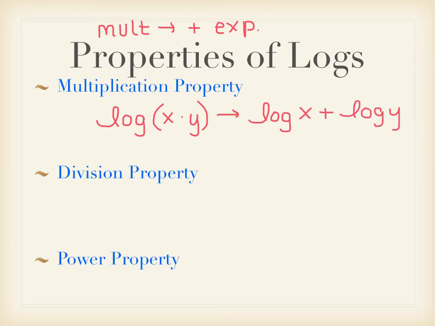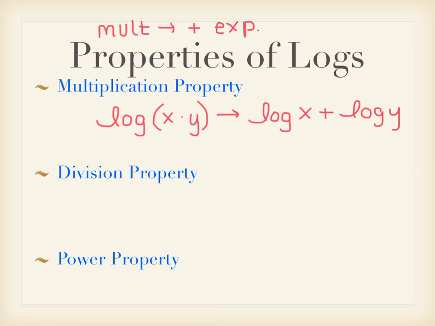And it's because of this. The fact that multiplication with exponents, if you multiply with powers, you end up adding the exponents together. Well, these logs are actually exponents, and you add exponents when you multiply. So the multiplication property says that if you have a log of two things multiplied together, you can separate that and do the log of the first and add it to the log of the second.